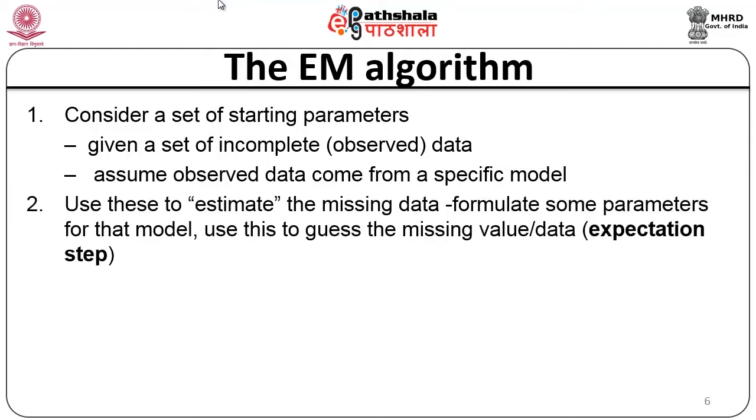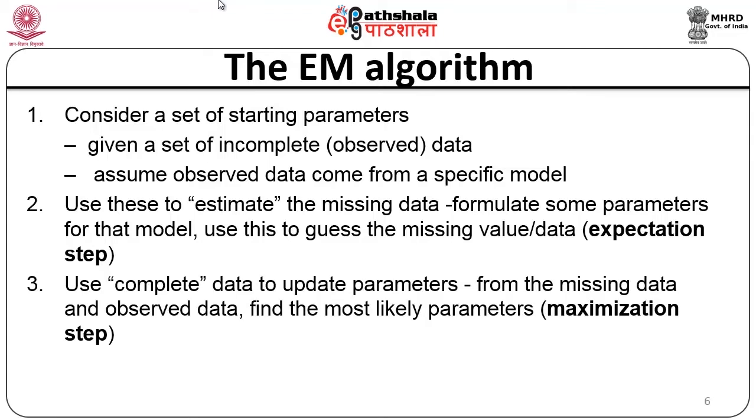Then use this incomplete data to formulate some parameters for the model, and use the model again to guess the missing value or data. This is called the expectation step. In the next step, you have guessed some missing data now.